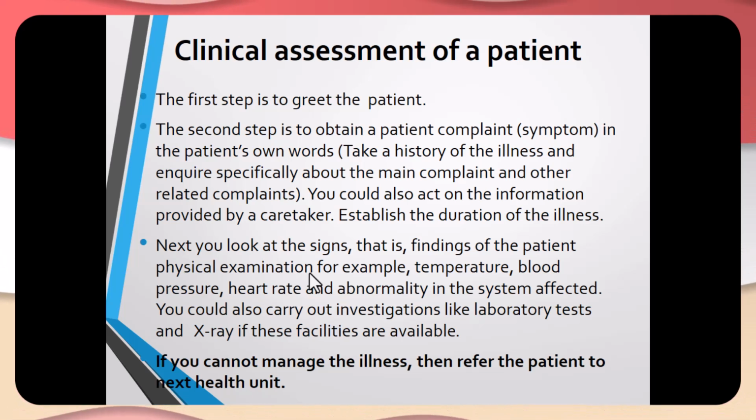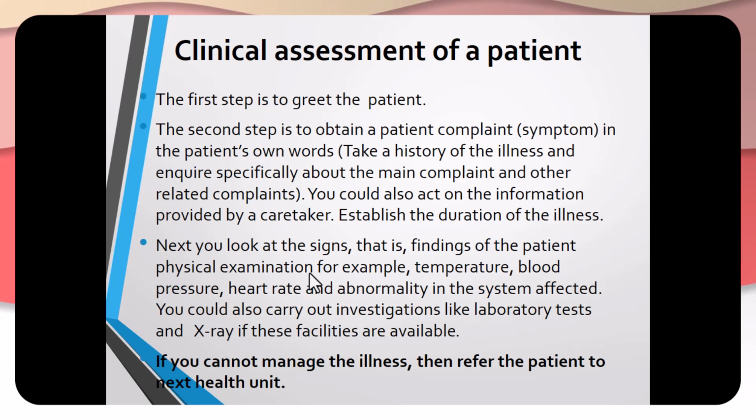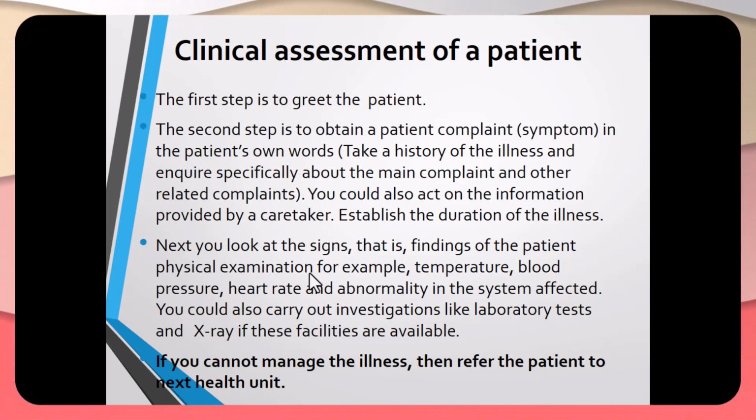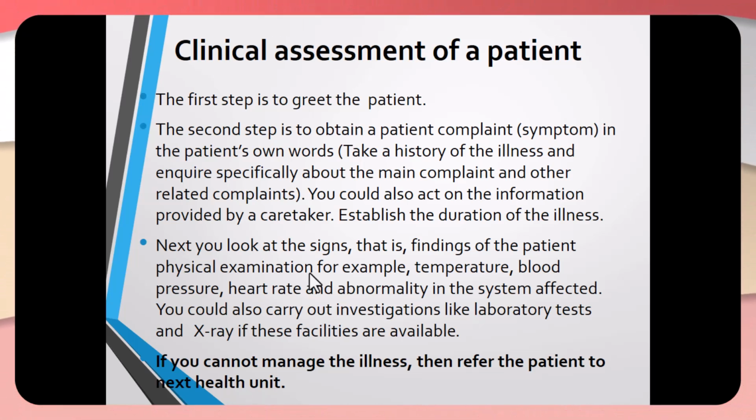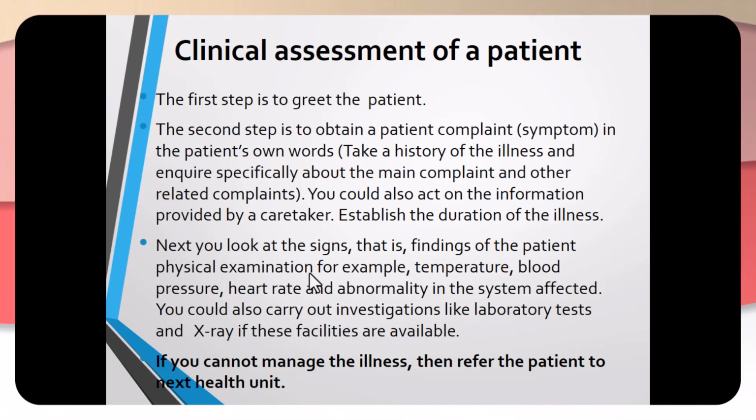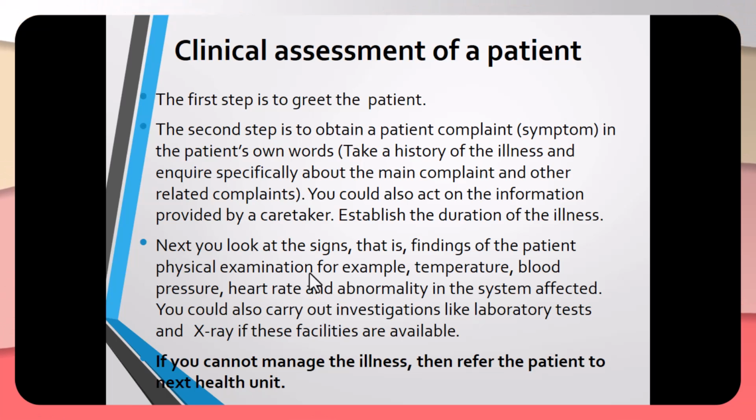The second step you have to put into consideration is to obtain a patient complaint in the patient's own words. What is it that a patient is complaining about? By doing so, you are taking a history of illness, and you inquire specifically about the main complaint and other related complaints that a patient can be talking about.